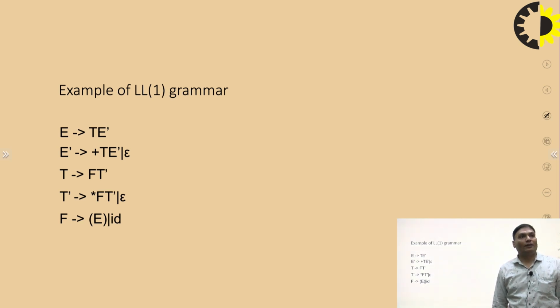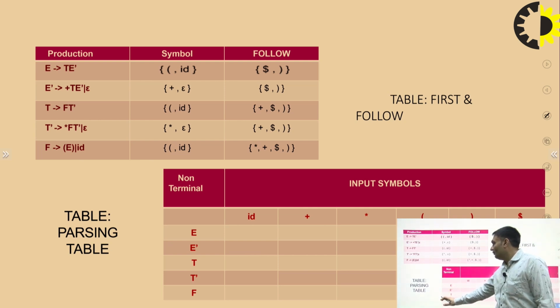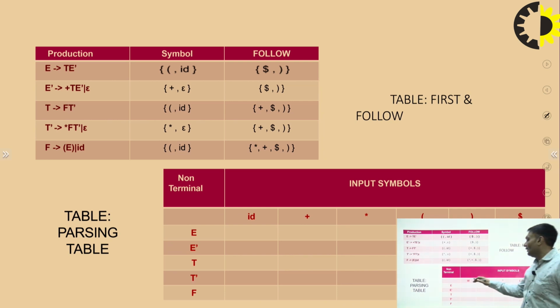So, how will we calculate the parsing table of a given grammar? First we will calculate the first and follow, then we will make the entries of this parsing table. So, on the left hand side, we will write the non-terminals. On the upper side, we will write all the terminals, that's called the input symbols.